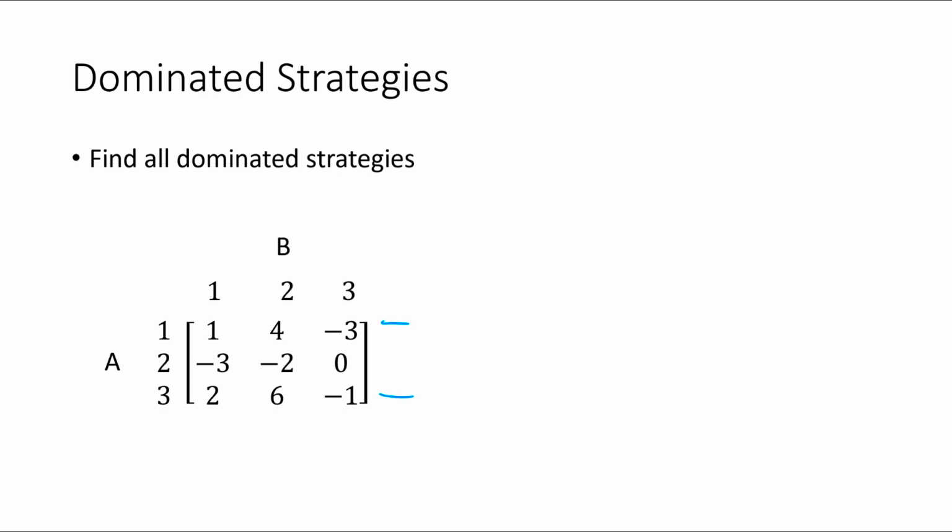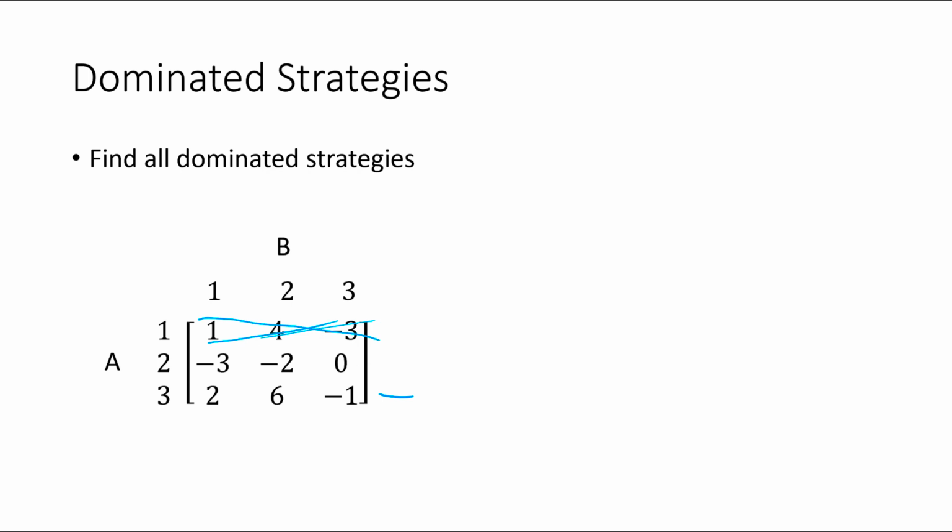All right, how about 1 and 3? 2 is bigger than 1, 6 is bigger than 4, -1 is bigger than -3. So row 1 gets dominated by row 3 because each element in row 3 was bigger than its corresponding element in row 1.